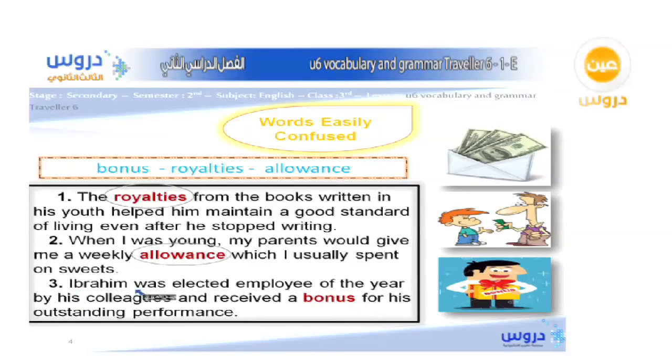The third sentence: Ibrahim was elected Employee of the Year by his colleagues and received a bonus for his outstanding performance. So the meaning of bonus here, is it the same as royalties and allowance, or might it be different?